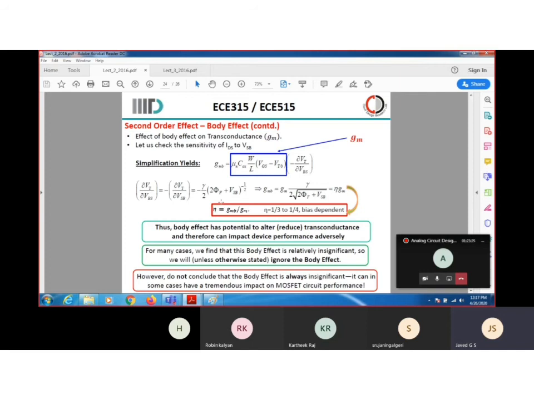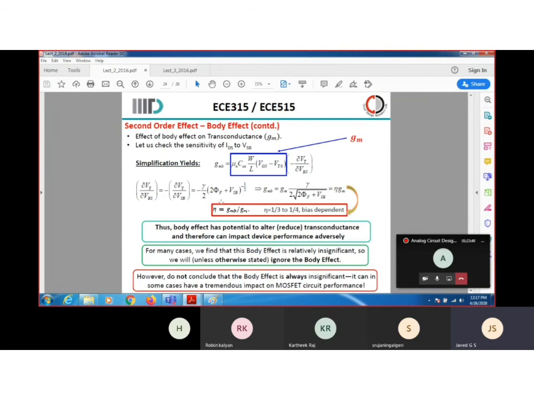These values 1 by 3, 1 by 4 are there. We will not go into how this 1 by 3, 1 by 4 has come, or I'll probably tell it in a relevant section later. So this basically comes from the factor which is dependent on the bias voltage. If your VSB is 0, then the gamma factor and φf are both device characteristics.